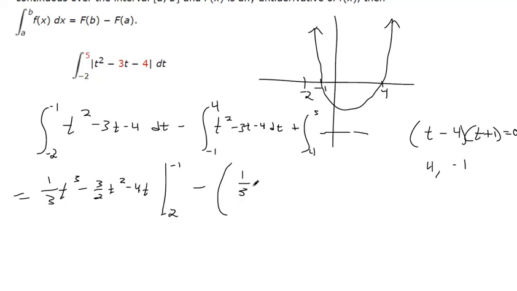Same antiderivative, except it's from negative 1 to 4 for our limits of integration. And then we're back to addition of the same thing. It's 1/3 t to the third minus 3/2 t squared minus 4t from 4 to 5.